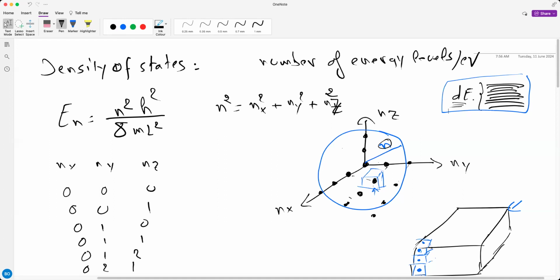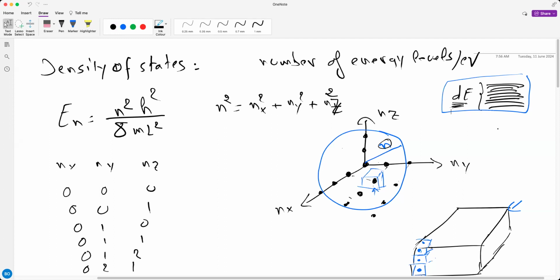So what I want to do then is to calculate how many energy states are there in a small element dE. Why? Because if I can define the density of state, I can use it to calculate many things about the material, about the metal in this case.